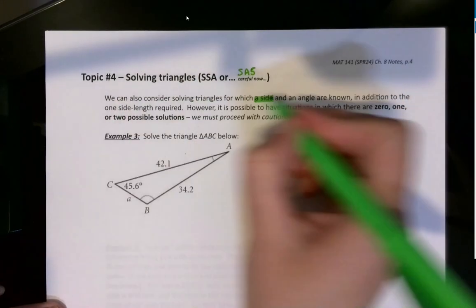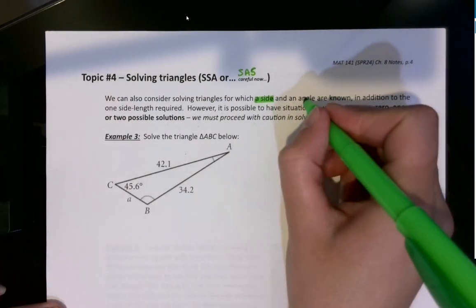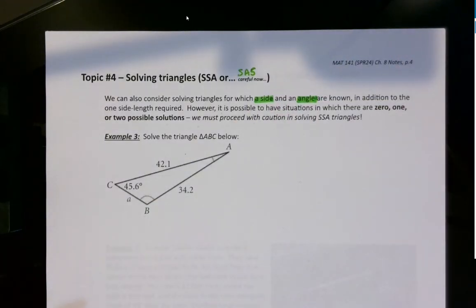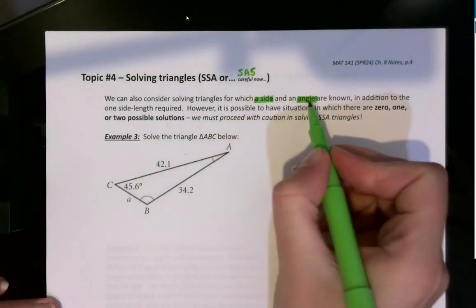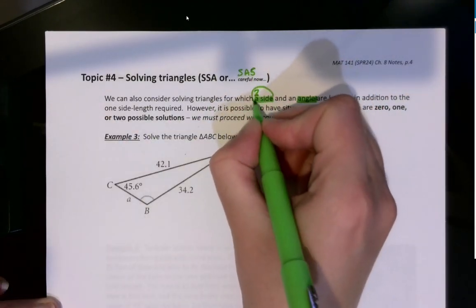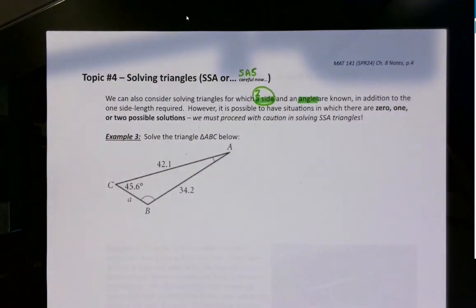So that means that there are two sides because you have to know one side. So this is phrased a little strangely. A side and angle in addition to the one side length requirement. So it really means that there are two sides and an angle all together.